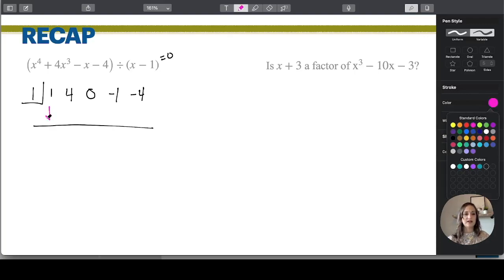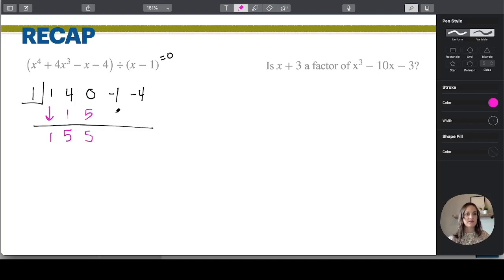So I'm going to bring down a 1. 1 times 1 is 1. Add. 1 times 5 is 5. Add. 1 times 5 is 5. Add. 1 times 4 is 4. Add, and I get 0.